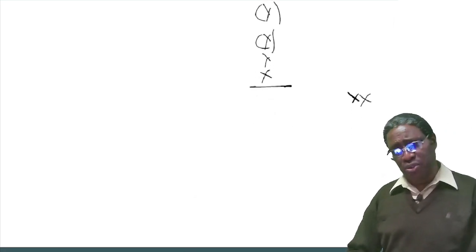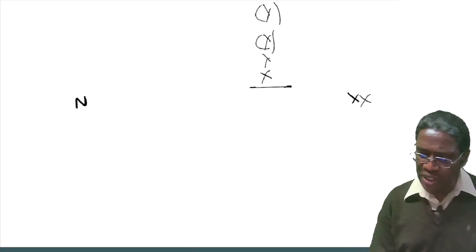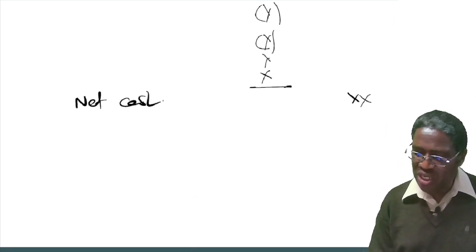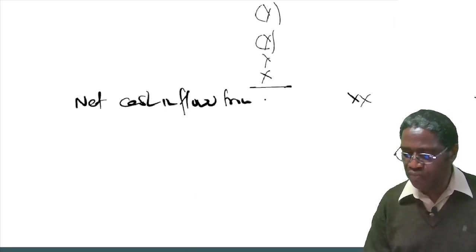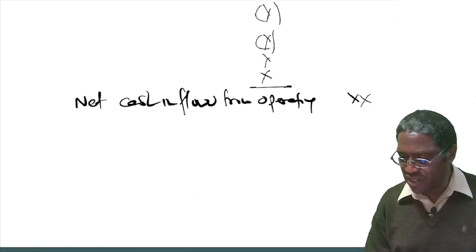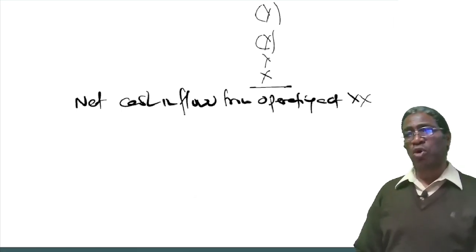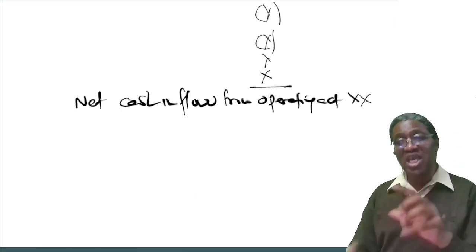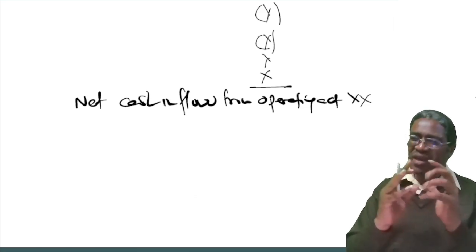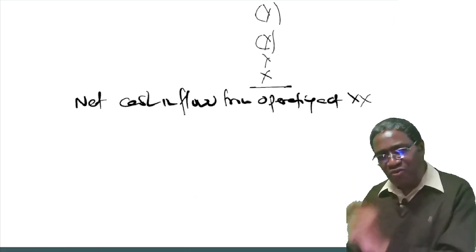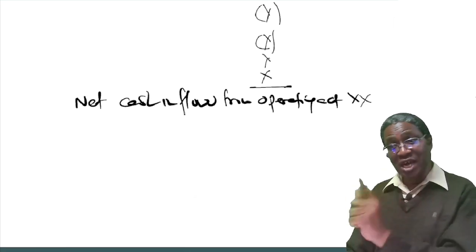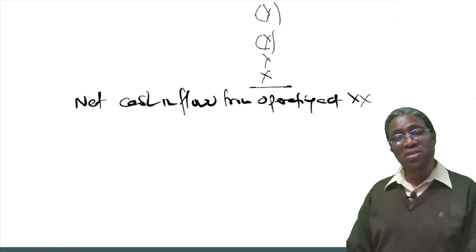If it is a positive, then we normally call it net cash inflow from operating activities. If it's a negative, you remember, you used to call it net cash outflow from operating activities.